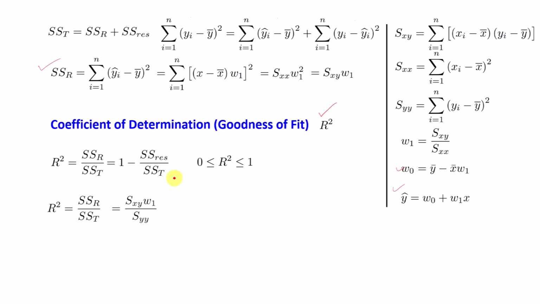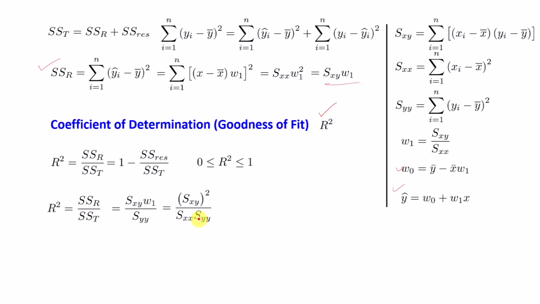Now, R square is again SSR by SST, which we write as Sxy into w1 by Syy, because this SST is our Syy and SSR is Sxy multiplied by w1, that we have shown already. So now this w1 is Sxy by Sxx. If I write it, then it becomes Sxy whole square over Sxx Syy.